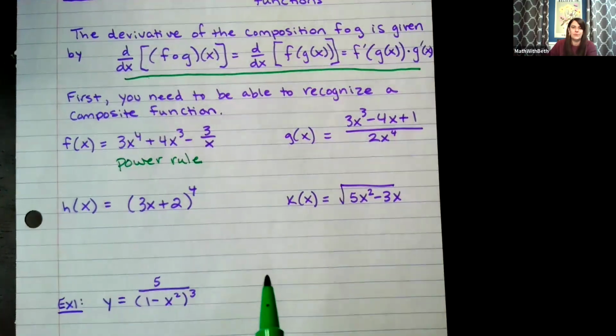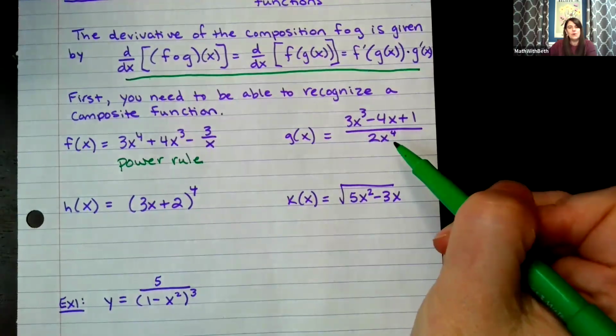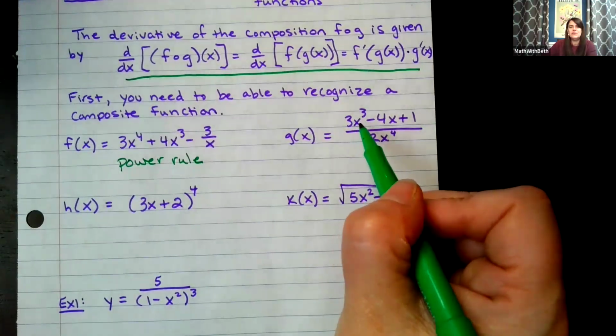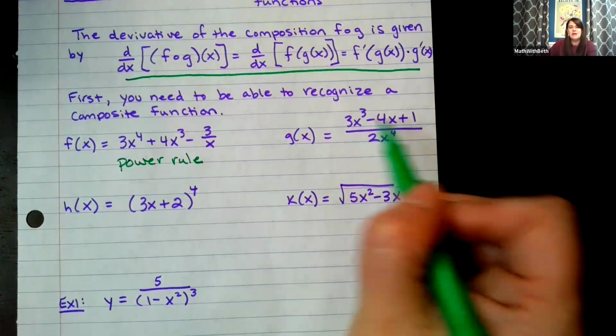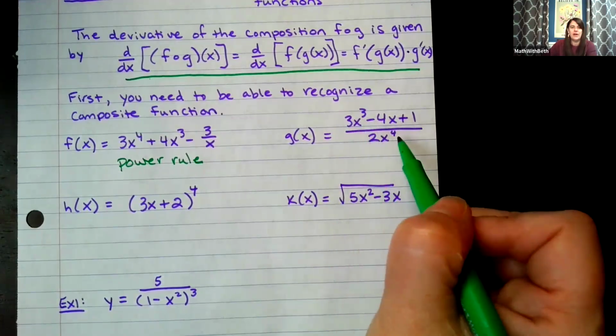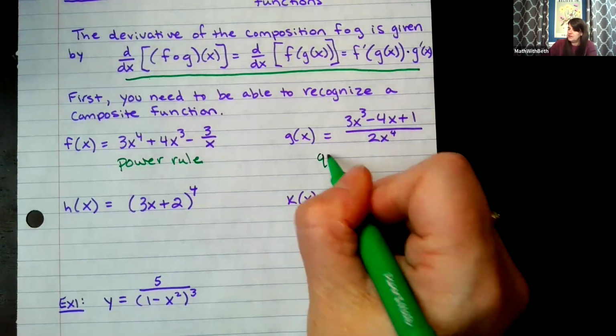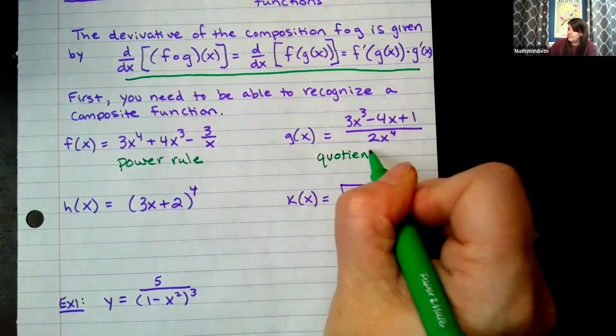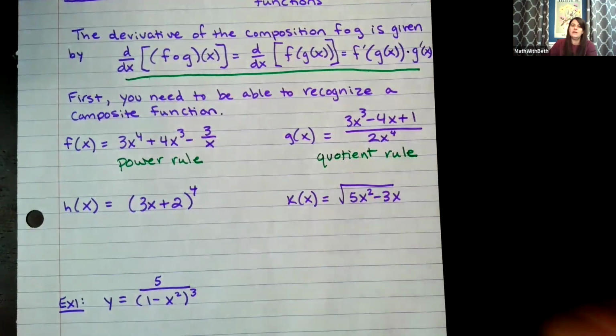We do not need the chain rule. This next one is a little more complicated, but we still just have x's being multiplied and raised to powers. We just happen to have one on top and one on the bottom. So this would need something a little fancier, but still not the chain rule.